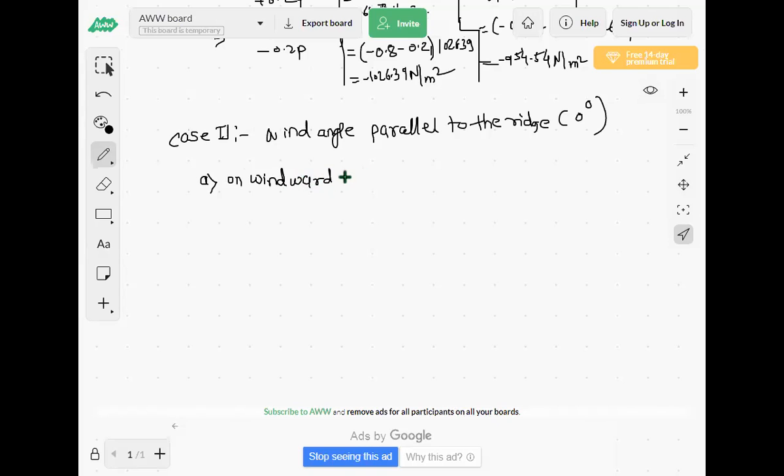On windward slope, coefficient is equal to CPE for 0 degree. So now CPE is equal to, now for 20 degree, how much coefficient is there?